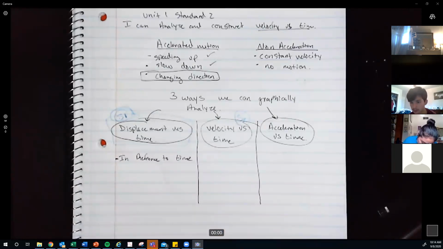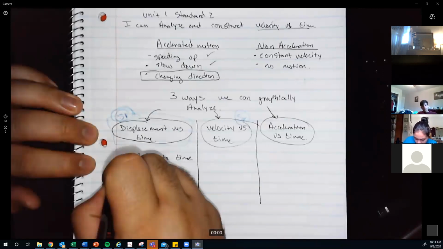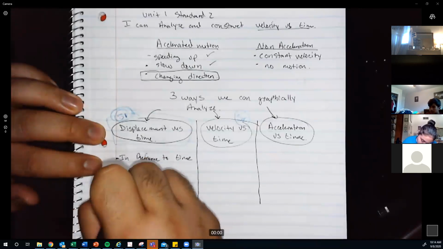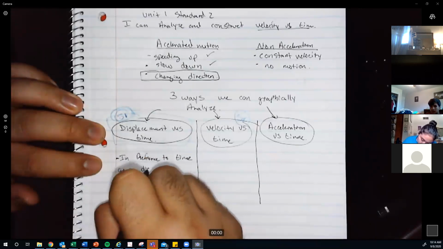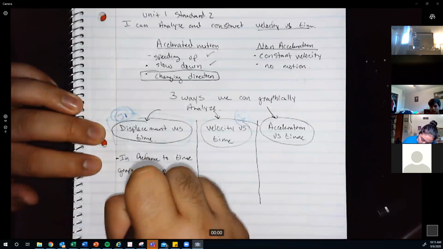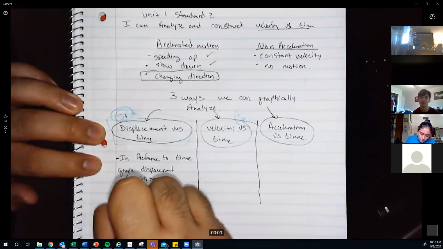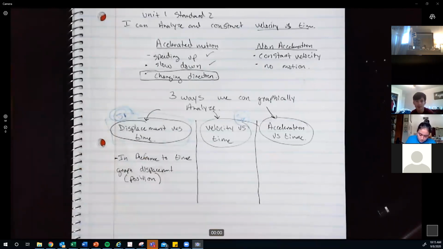I think it's in the title. Displacement. Yeah, so in reference to time, a displacement time graph will graph the displacement, meaning its position. So you can see this object's position as time moves on with a displacement versus time graph, right?